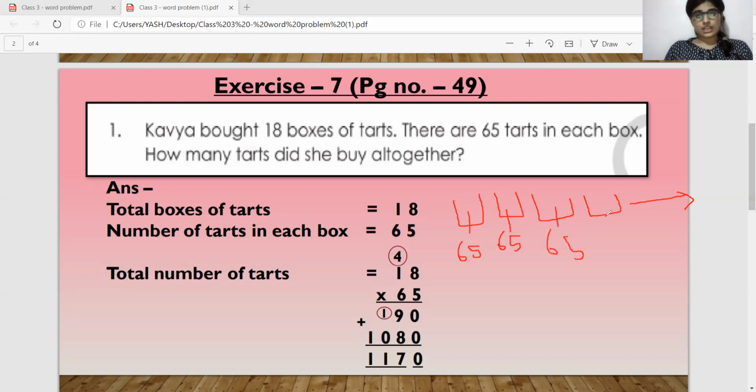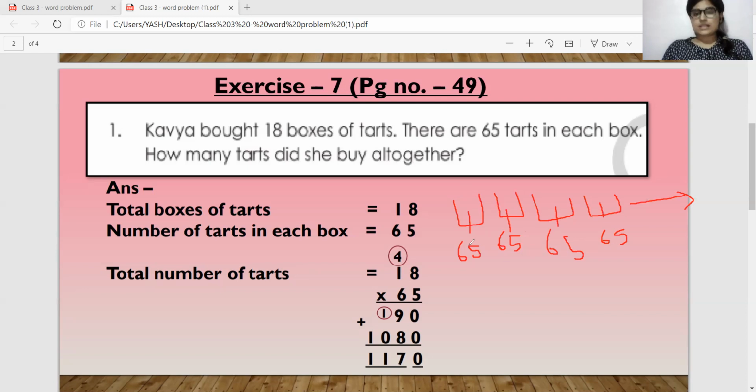So can you see that in each box Kavya has 65 tarts. There are 18 boxes and each box has 65 tarts. So how many tarts did she buy altogether? We need to find out altogether how many tarts.